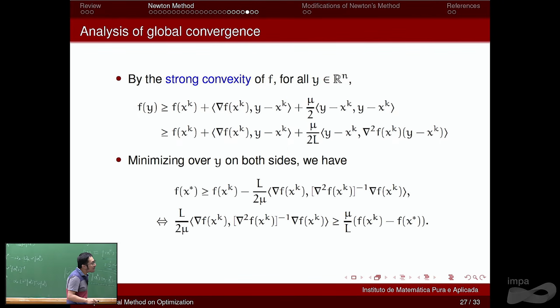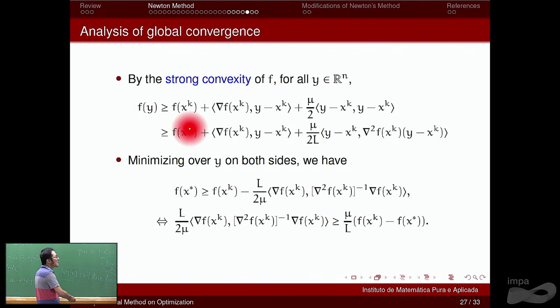And then you minimize both sides of this inequality. Actually, here you can first fix y on the right side, then minimize the term on the right side with respect to y. The idea is the same as when we derive the Newton method. We just take the gradient of this term with respect to y and let it equal 0.